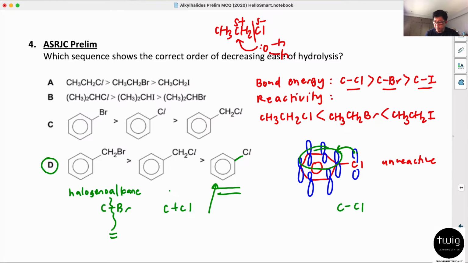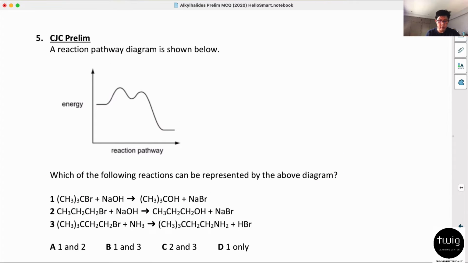Okay, let's look at question 5. If you look at this energy profile diagram, you notice it's actually 2 steps. If there are 2 steps, it probably means SN1. So which of them shows an SN1 mechanism?